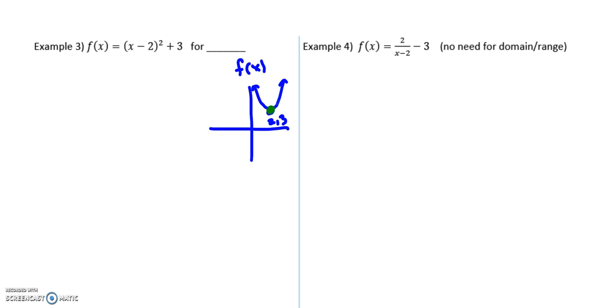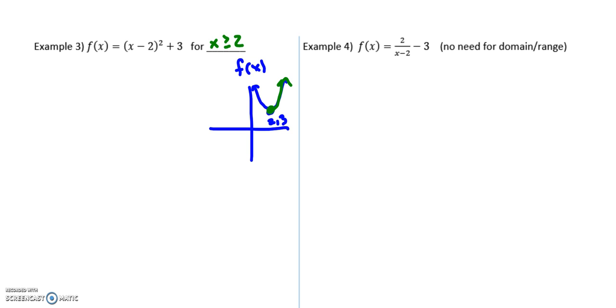Typically we take just that side right there, everything for x greater than or equal to 2. That'll either be given to you in the problem, or I'll guide you to help figure out what I need to cut it off at. So when we find the inverse, we're only finding it for this piece of my function, because now I pass the horizontal line test.